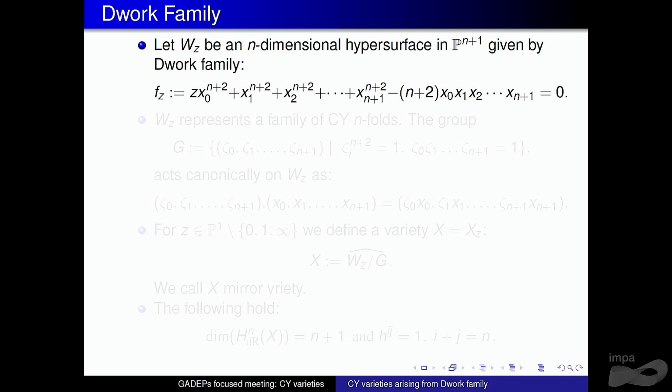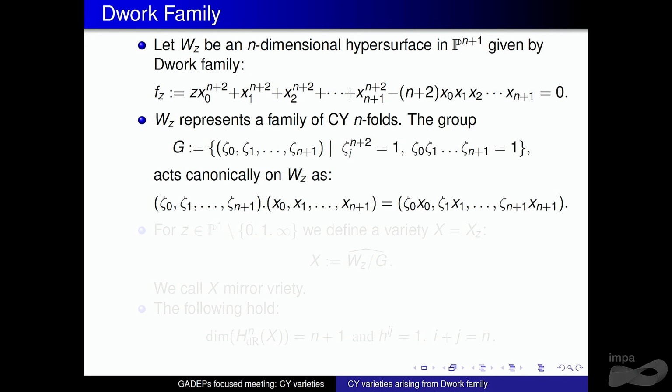But for any n, we can consider this family, which is known as the Dwork family, inside P^(n+1). Then we have this group acting canonically just by multiplying the components, exactly the same process as constructing the mirror quintic.